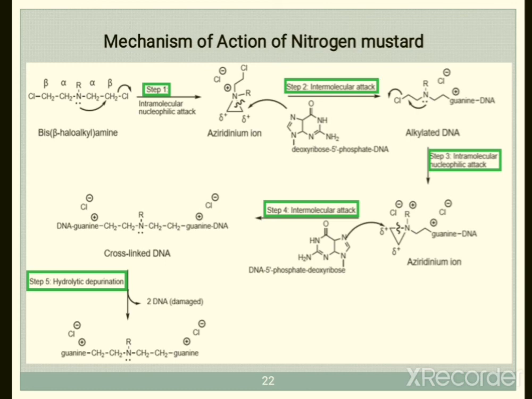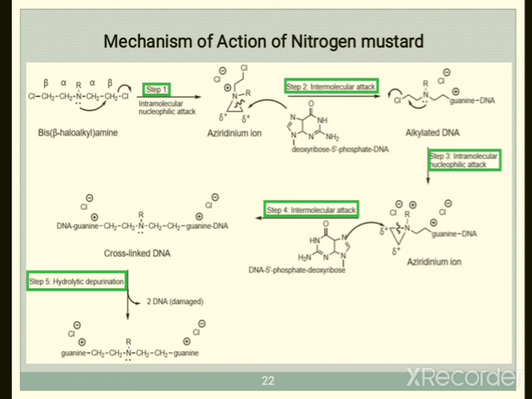By this you will get the aziridinium ion. You can see the aziridinium ion with one end being the guanine DNA analog, meaning one end has already alkylated the DNA molecule. Now it is the turn of the second end. Another base will come and attack the other CH2 and break the ring. By this you will get the cross-linked DNA. You can see the cross-linked DNA structure: nitrogen R, CH2 at both ends, and guanine DNA. This is the cross-linked DNA.